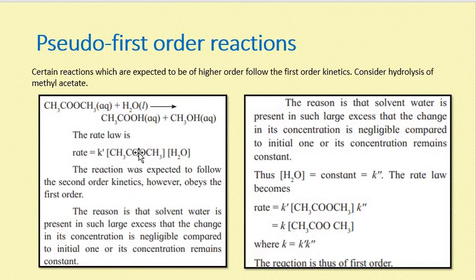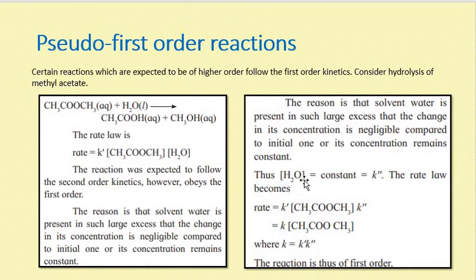Water here in this reaction is taken in a large excess, and the change in its concentration is negligible compared to the initial one, or its concentration remains constant. The reaction proceeds towards the product.